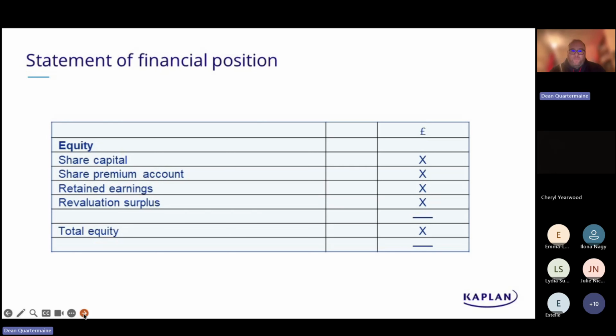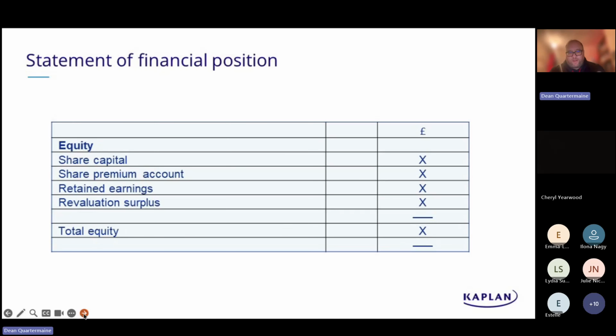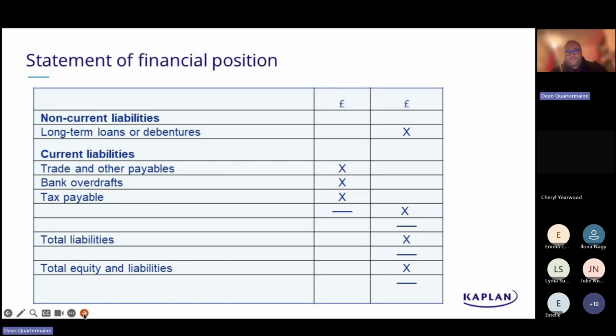Obviously, it's the same principle that equity must equal your net assets. We haven't talked about liabilities there, but liabilities are coming next. So at the bottom here, total equity and liabilities must equal back to net assets. So non-current liabilities, the only thing you need to worry about is long-term loans, so bank loans.